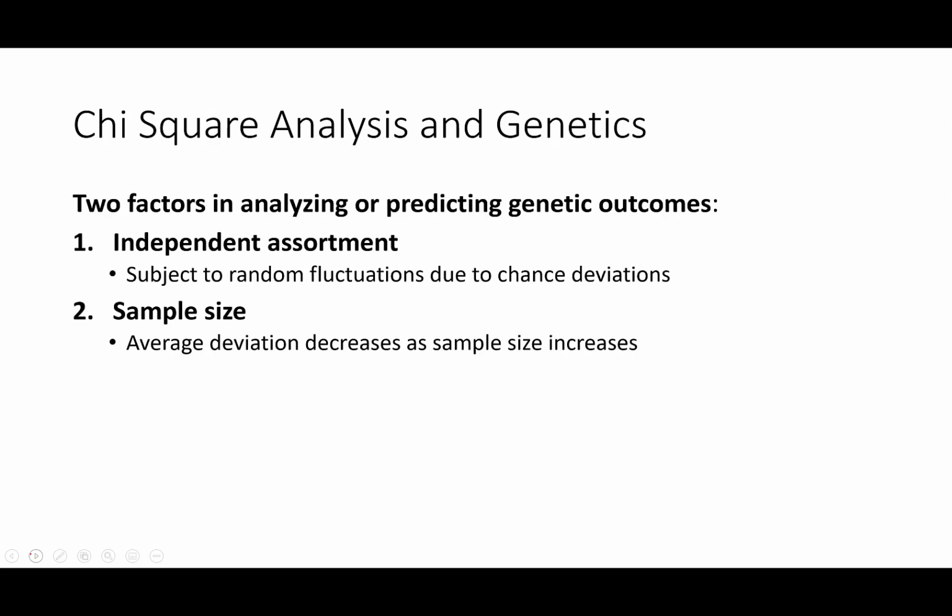So the two factors in analyzing and predicting genetic outcomes are, one, is there true independent assortment? Are the two traits that we're looking at subject to random fluctuations due to chance deviations or not? And two, what's the sample size? The larger the sample size, the smaller the deviation.